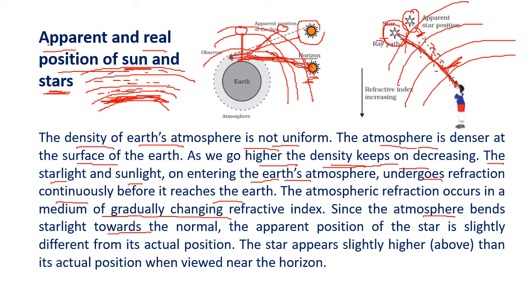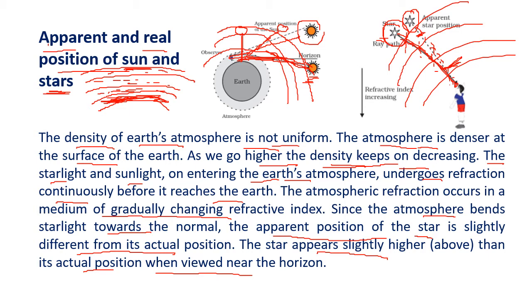So the apparent position of the star and the sun is slightly different from the actual position. And the stars appear slightly above when viewed near the horizon. So this is the apparent position of the sun and the stars. So what we see when the star and sun are at the horizon, we do not see their real position.